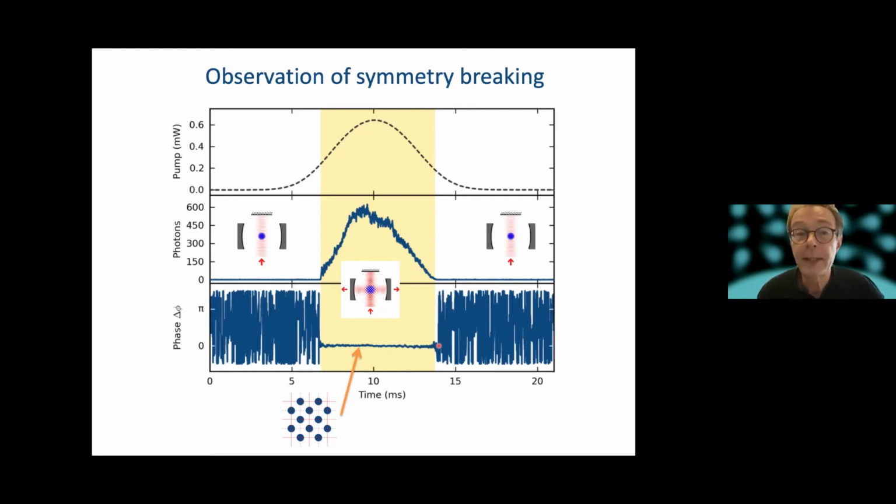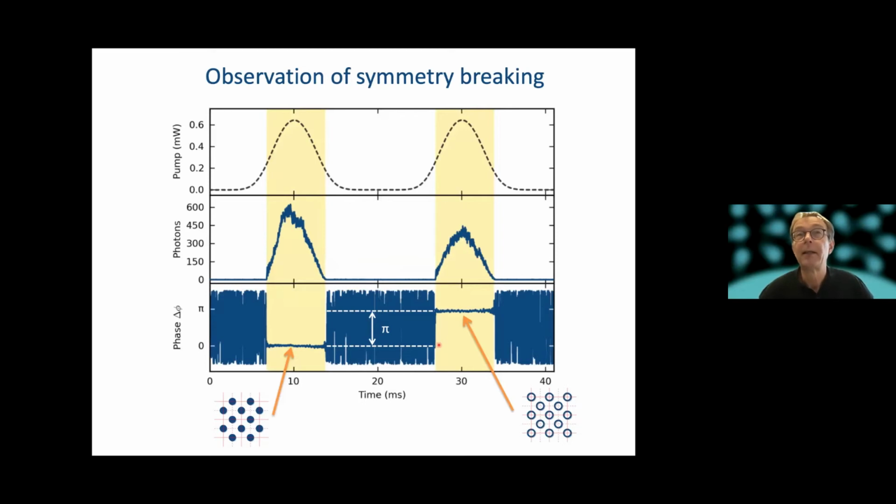Now we do that several times: we go in the phase, out of the phase, in the phase, out of the phase, and so on, and then measure what phase differences we see. Here you see, we go in the phase, have a certain phase, then we go again into it, and then we have a pi difference in phase. So one seems to be even and the other seems to be odd.